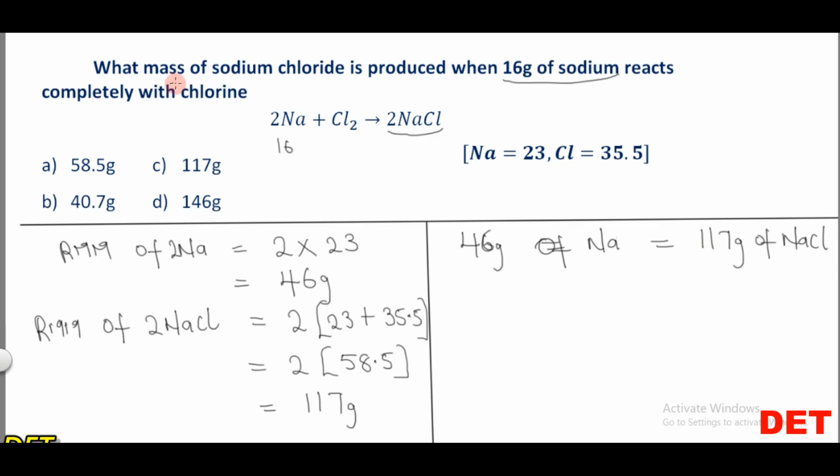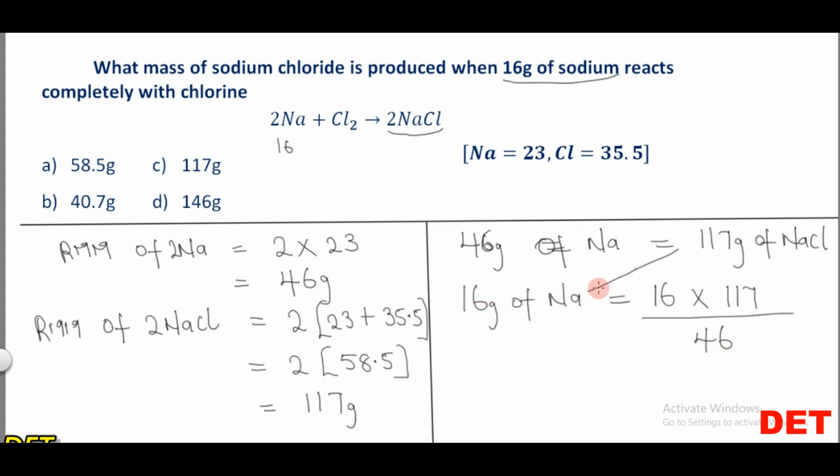So the question now is, what mass of sodium chloride is produced when 16 grams of sodium reacts completely with chlorine? If 46 grams of sodium gave 117 grams of sodium chloride, then 16 grams of sodium, which is what the question is asking about, will give 16 times 117 divided by 46.